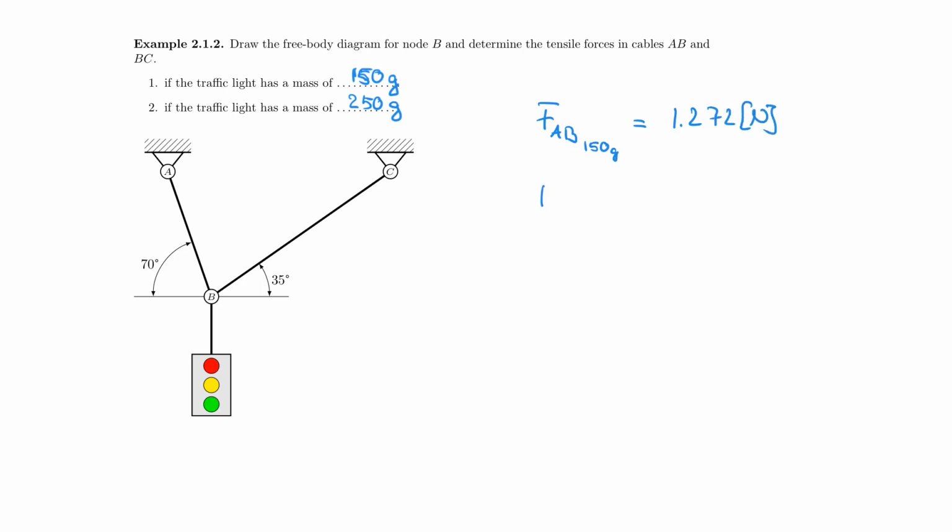And then FAC for 150 grams would give you a value of 0.531. So that gives you a chance to practice this.